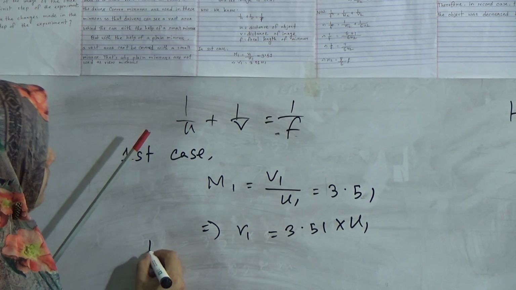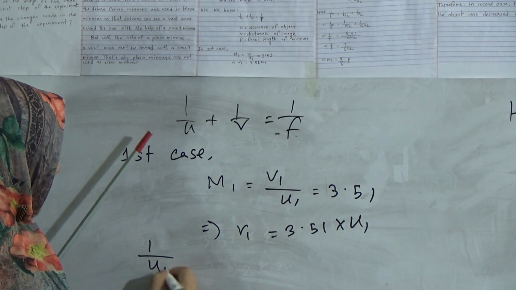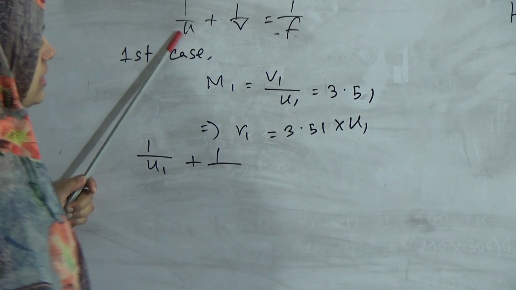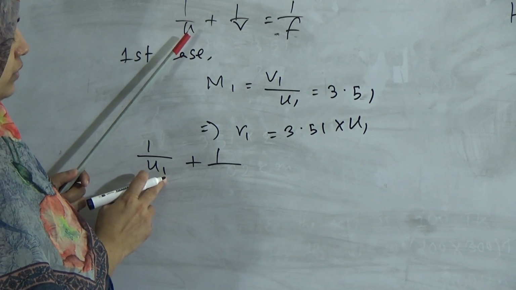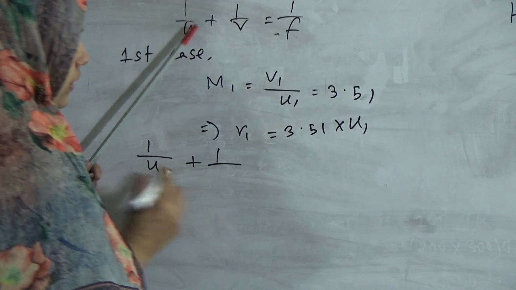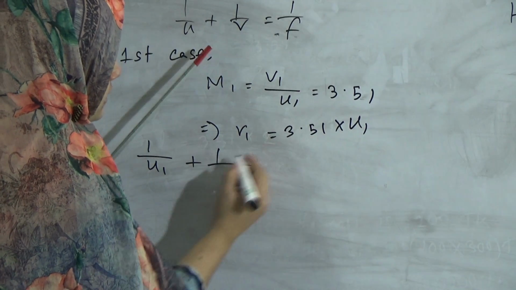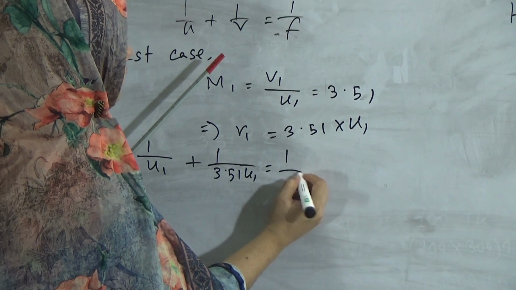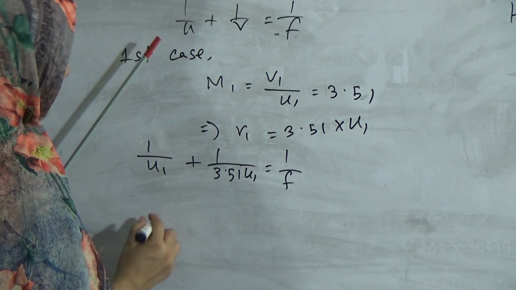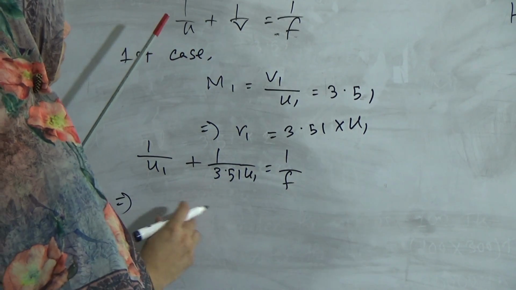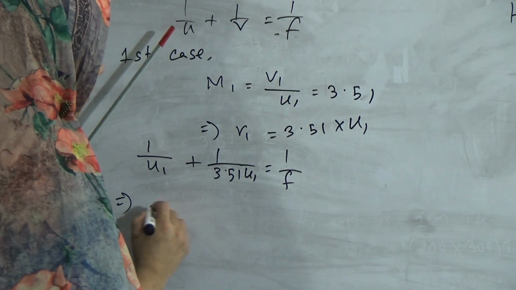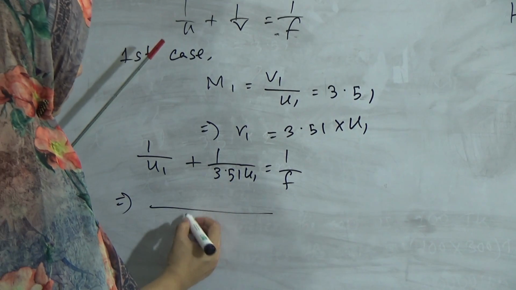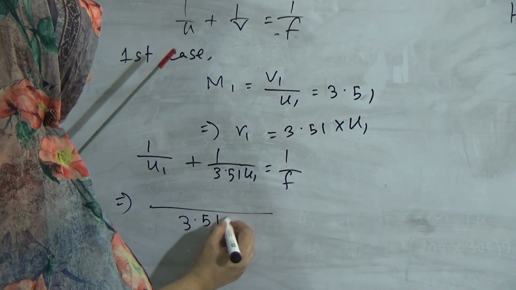So 1 divided by u1 plus 1 divided by v1, for the first step, where the value of v1 is 3.51 into u1, equals 1 divided by f. Now we have to take the LCM of u1 and 3.51 u1, which will be 3.51 u1.